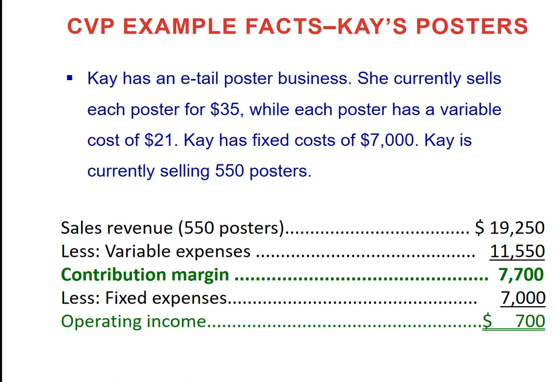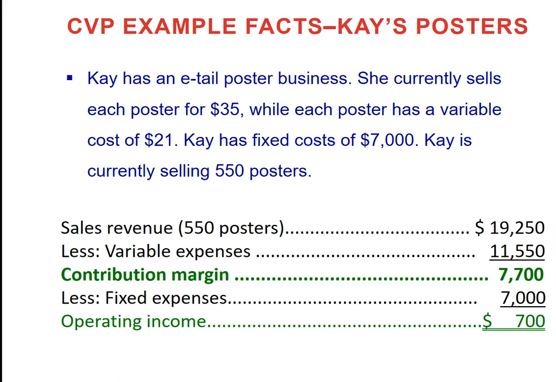So let's take one example. Here I just want to repeat, in this chapter we will use the contribution margin income statement several times, and you know the contribution margin income statement is a little bit different than the traditional income statement. In this income statement, of course we start with our sales revenue, but then we first subtract all of our variable expenses from our sales revenue, and the difference between sales revenue and variable expenses is called contribution margin.